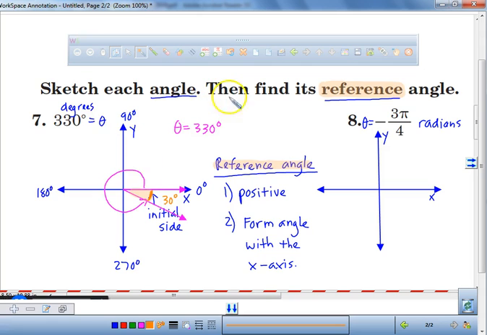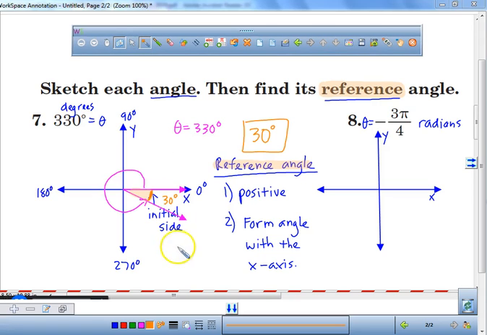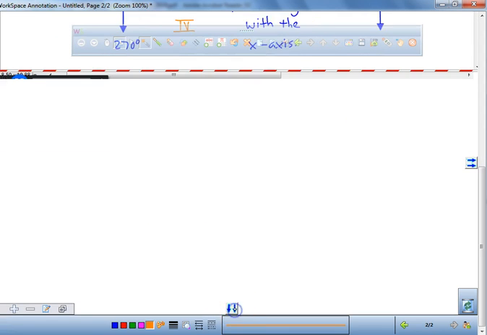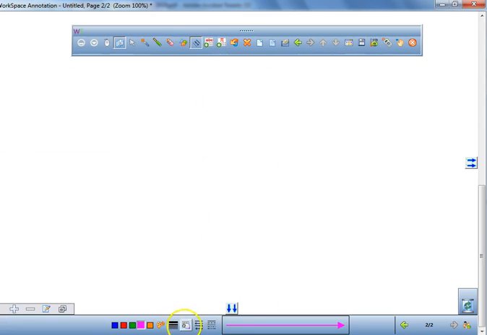So your reference angle for this problem is 30 degrees. Where did this angle end up? In quadrant 4. So this angle, 330 degrees, ended up in quadrant 4, and our reference angle was 30 degrees. We're going to go over the 4 quadrants and what to do in each of them. So right now, I'm going to pause and we're going to make our quadrants.